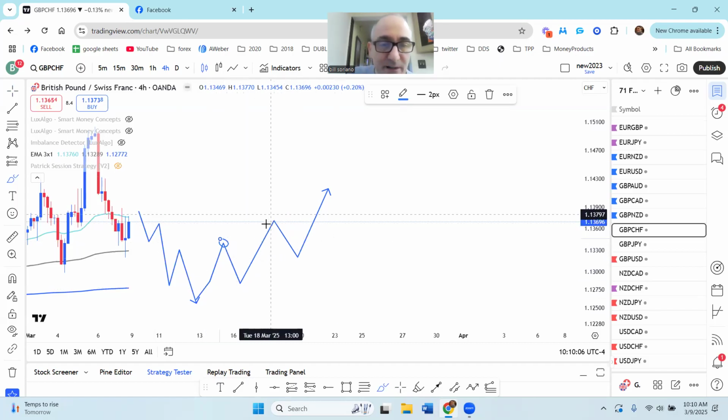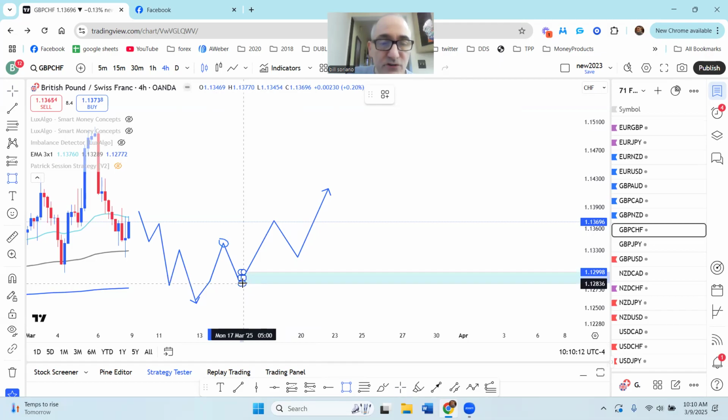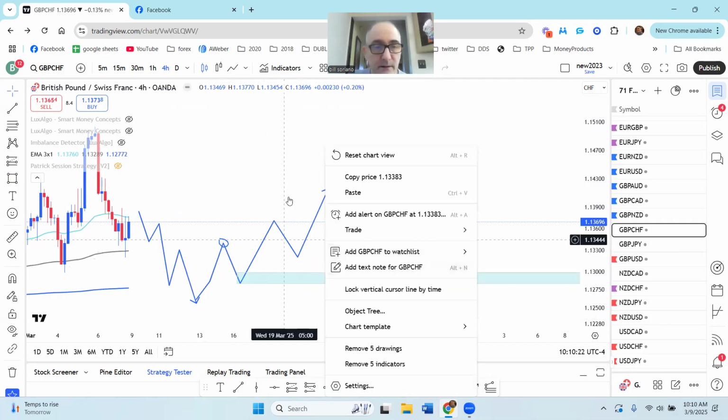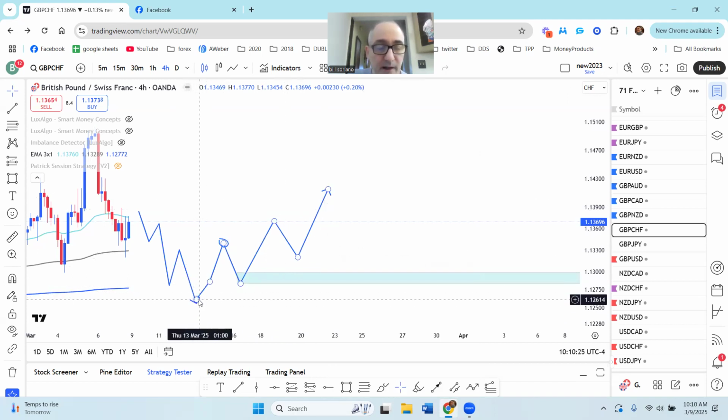So once we get that right here, that tells us that it's now safe to say that this is bullish, and we could try to then identify and see if we have an imbalanced demand zone down in this area right here, right? But we can't do that before that, right?